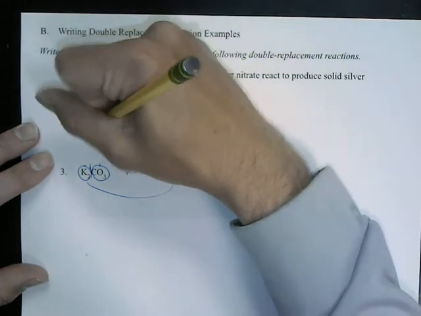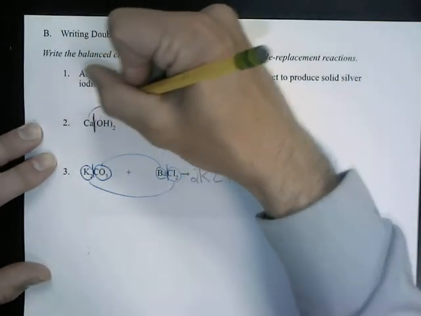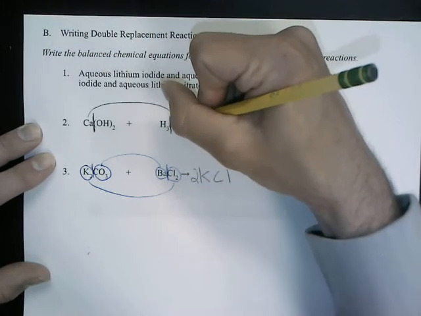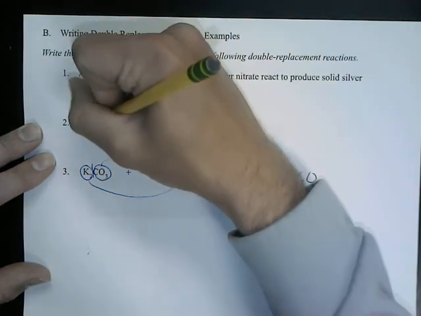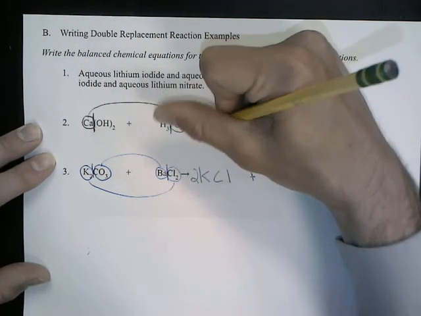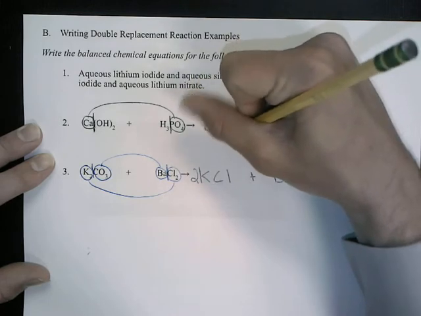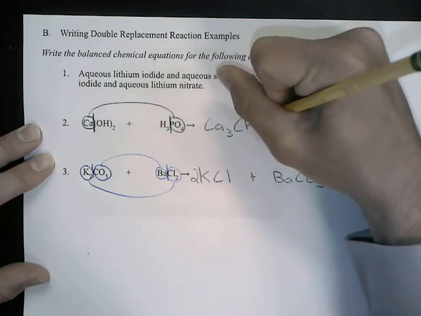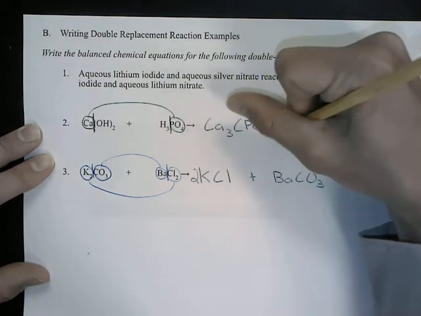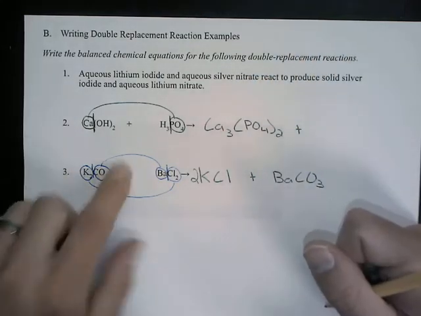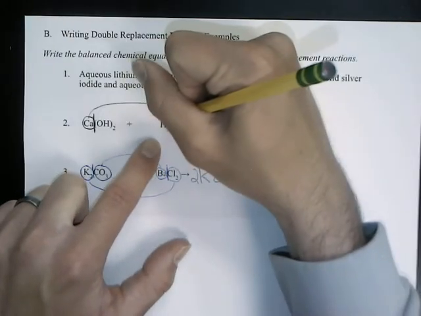All right, so on the next problem, again, we're going to split our ions. This time calcium and phosphate would combine together, and they would form Ca3(PO4)2, and H and OH.